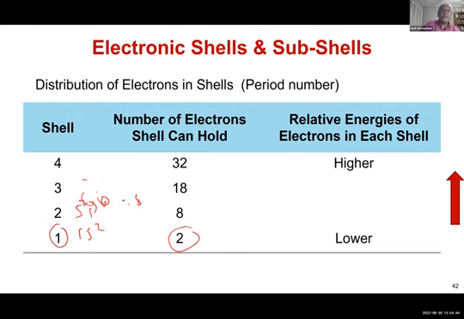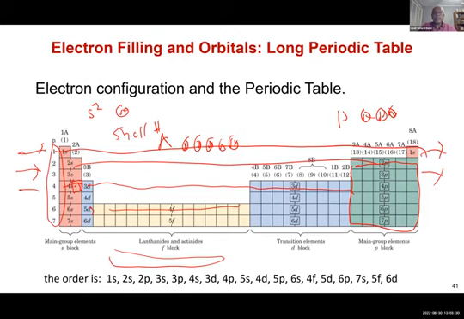Third shell, if you go back, 3S, 3P, 3D, that's 18. 2 plus 6 plus 10. Let me show you that part. That's where the 2, there, 8, there, 18, because the third shell has 3S, 3P, 3D.